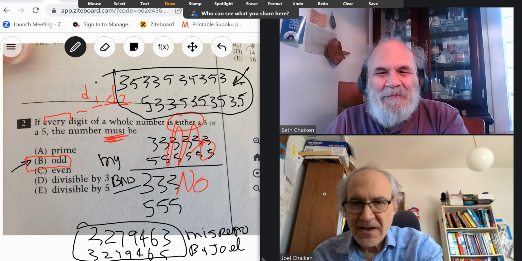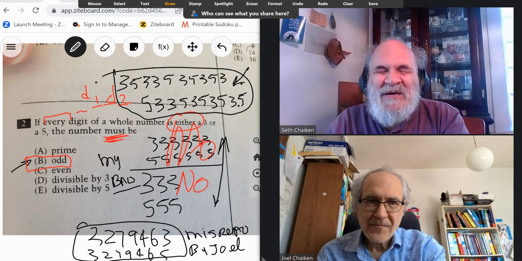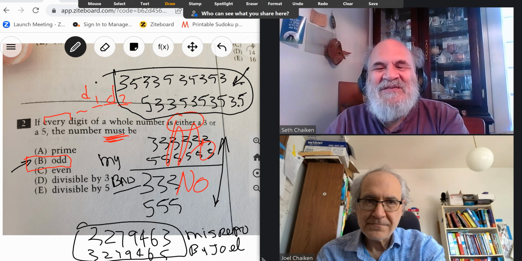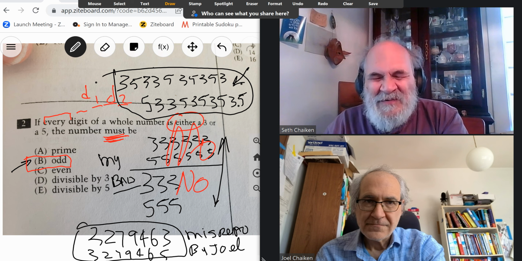Oh, you mean like if I read it this way? Yeah. So what you did by mistake was take the condition that applies separately to the individual digits, that each one is either a 3 or a 5, and you strengthen that.